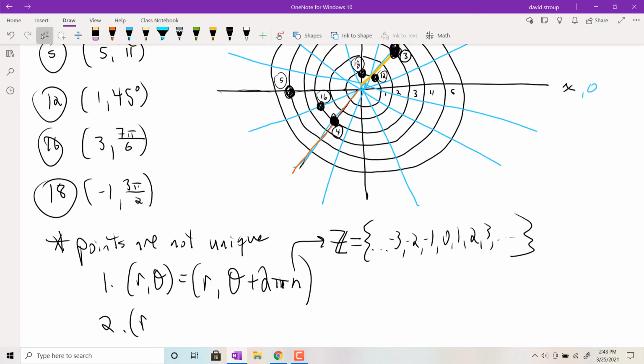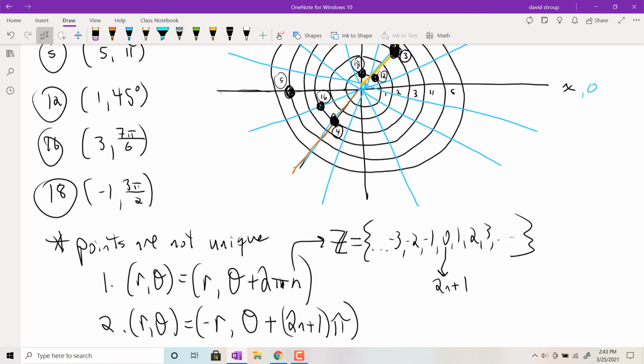Then the other variation that you could do to get the same point, you change the sign of the r value and rotate the theta over by what turns out to be an odd multiple of pi. So to get an odd integer, use the formula 2n plus 1. Okay, because if you start sticking numbers in there, and let's call this a sub n for some reason, if you stick in 0, you get 0 plus 1, which is 1.